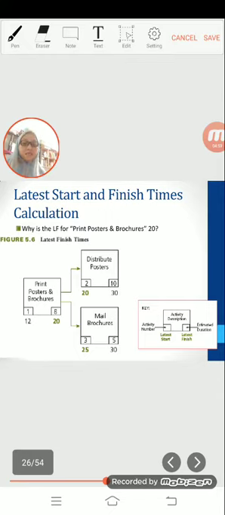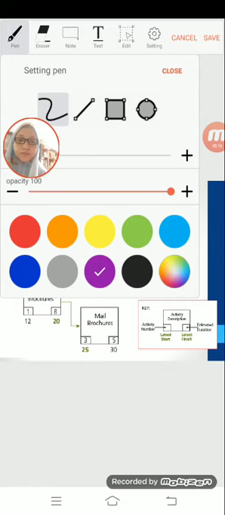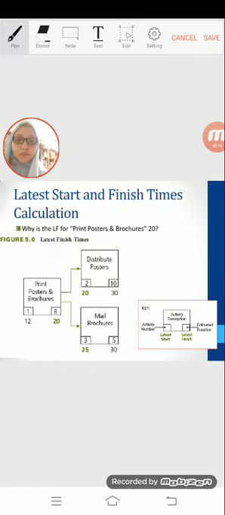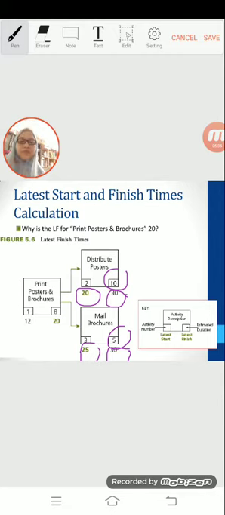Here, if you want to calculate the latest finish and latest start for the activity, you can use this example. Thirty minus 10 equals 20. 30 minus 5 equals 25. 20 and 25.